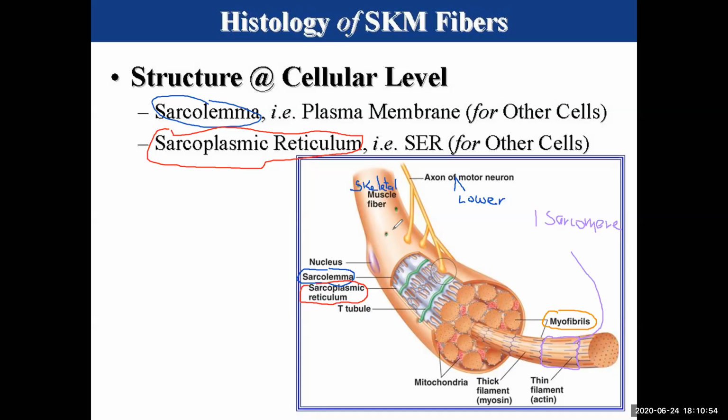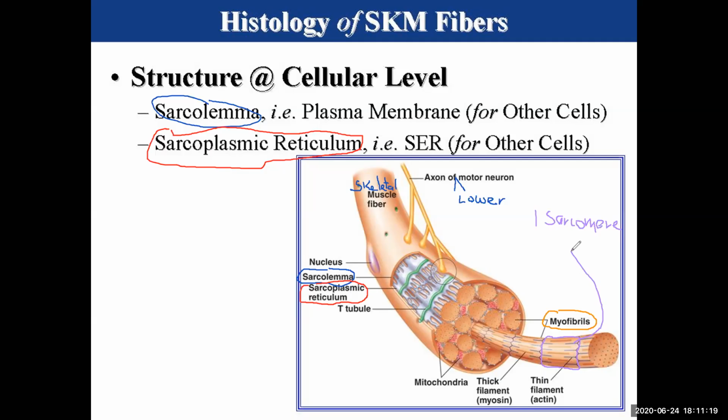So when a skeletal muscle as an organ contracts, the muscle becomes shorter. And that starts at the subcellular, microscopic level, the sarcomere.